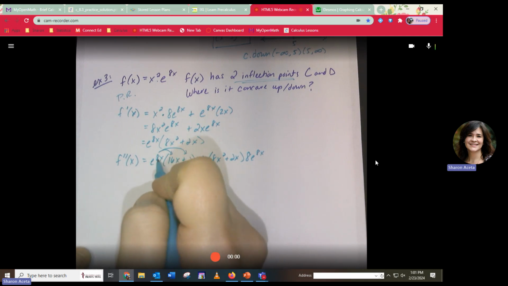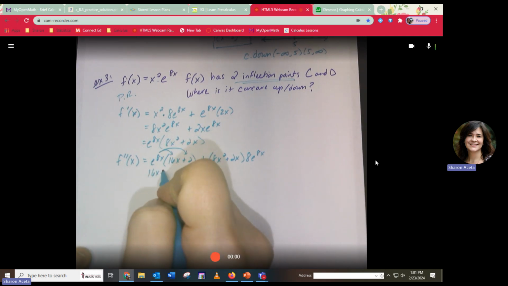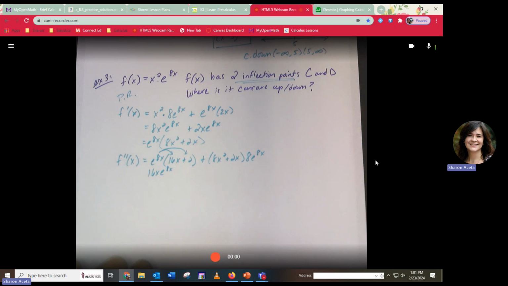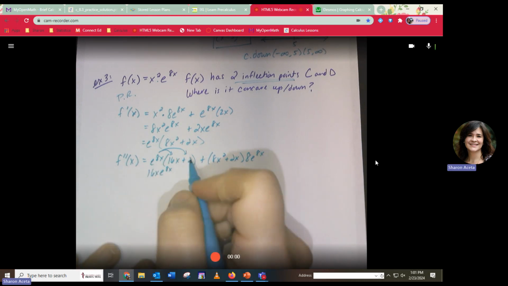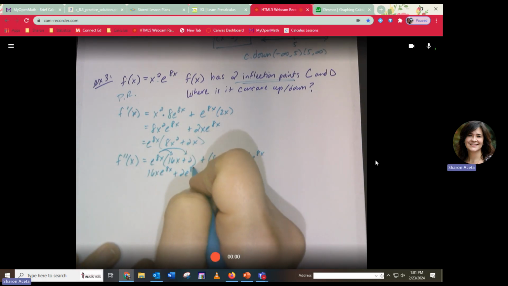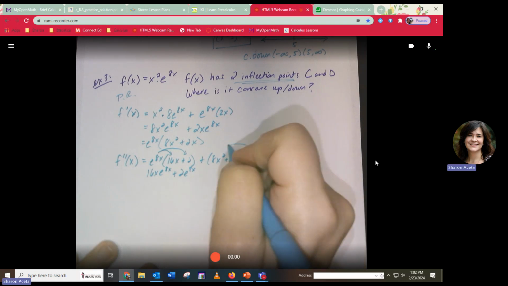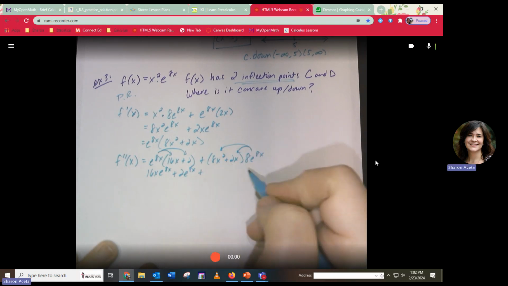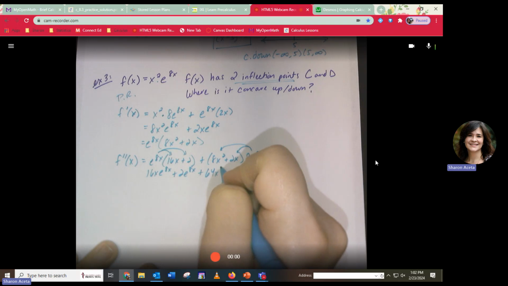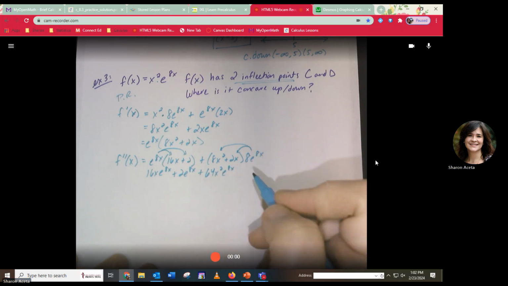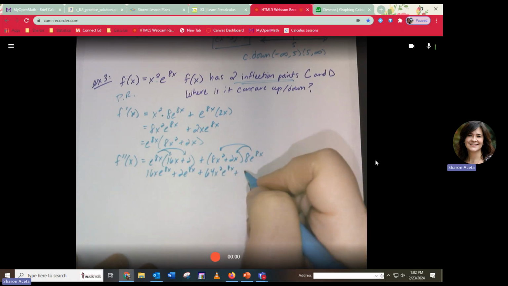So I would actually rewrite this as 16x. I like my e's in the back, e to the 8x. And then this would be 2e to the 8x. Then I'll multiply this. This would be 64x squared e to the 8x. And this one would be 16x e to the 8x.